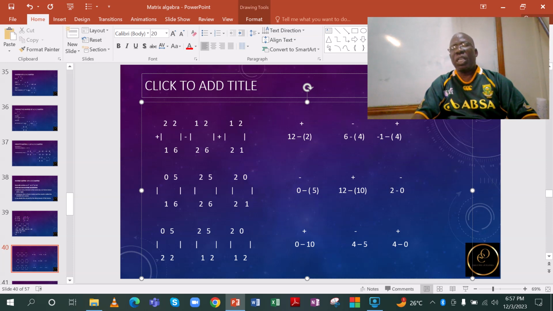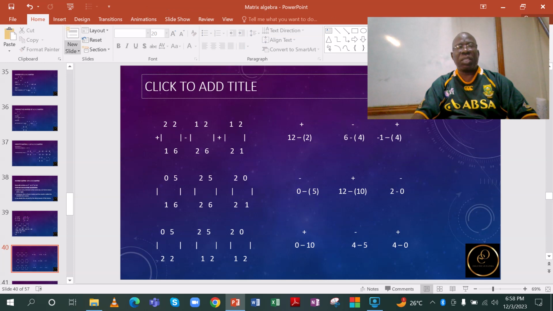This one is in row 1, column 3, it takes a positive. This one is in row 2, column 1, takes a negative. This one is in row 2, column 2, takes a positive. This one takes a negative, and so on and so forth. That is what we have created. Okay, so move on.